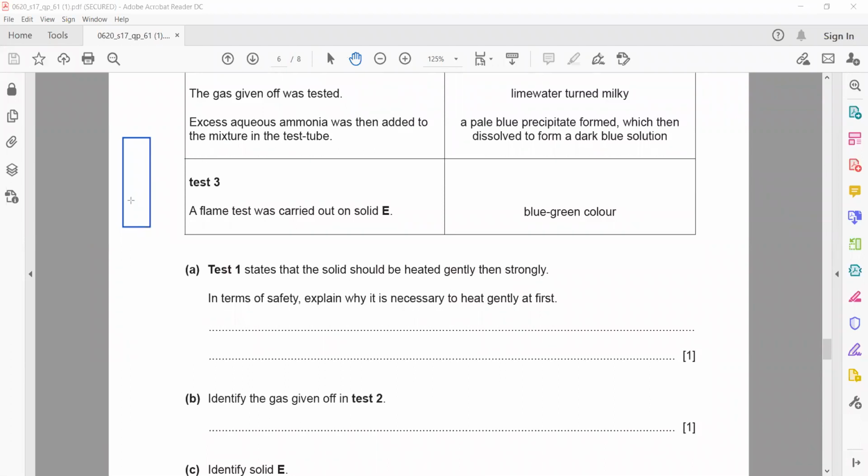Now the test tube will not have a rapid change in temperature. That is why it will reduce the chance of cracking of the test tube or splitting of the solid. First you should make it warm and then heat it strongly. For example, if you take a thermometer and place it directly into boiling water, what will happen? The thermometer glass will break.